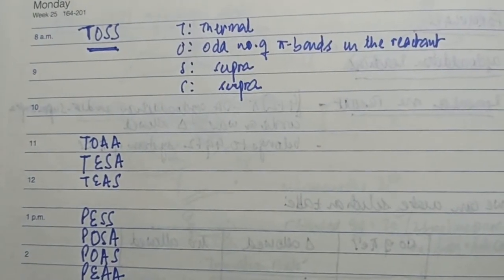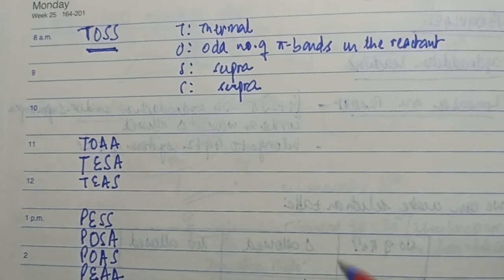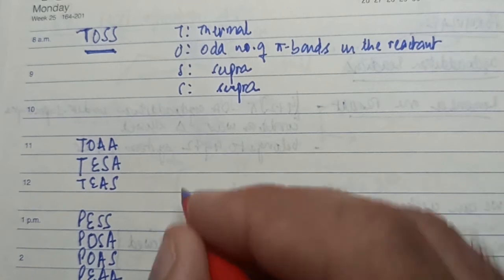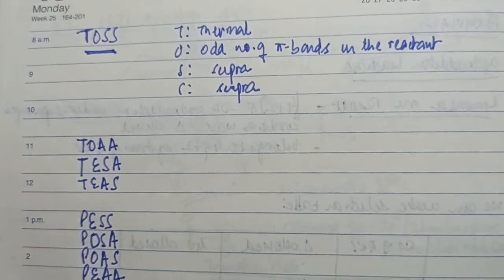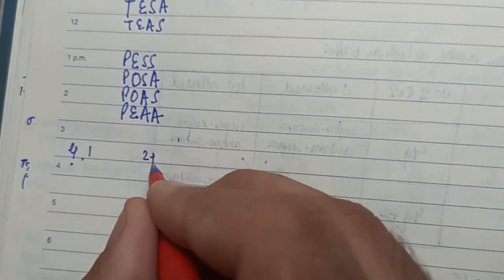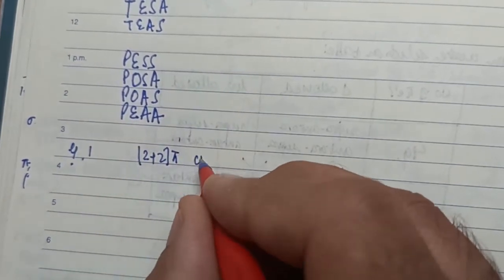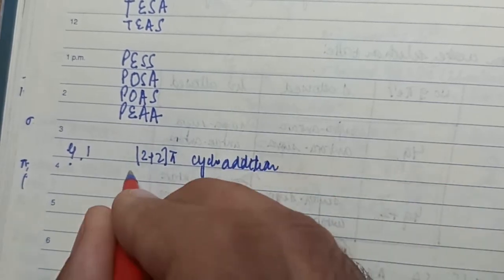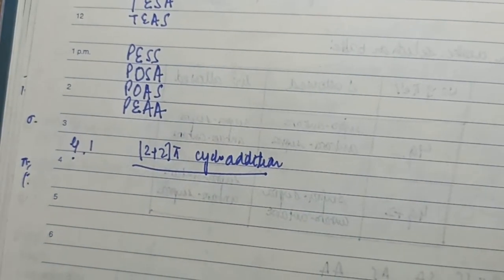Now how do I use this formula in my reactions? Let's say, for example, I'm considering a 2 plus 2 pi cycloaddition reaction. Let's say this is example 1. The cycloaddition reaction between two ethene components leads to the formation of a cyclobutane molecule.